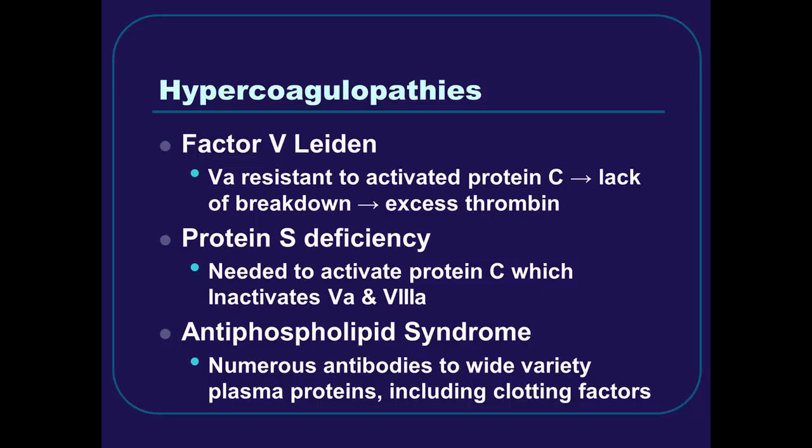As a result then, because you don't have the inactivation by that protein C, the factor Va continues to contribute to clotting. The coagulation product isn't being broken down, it isn't being stopped. As a result, you continue to make the thrombin.